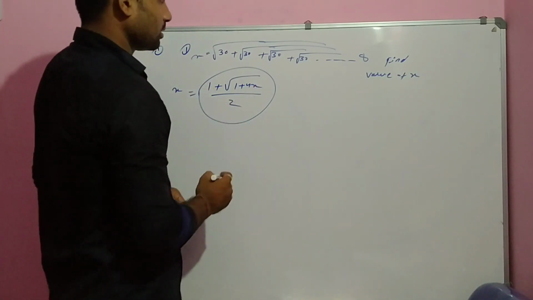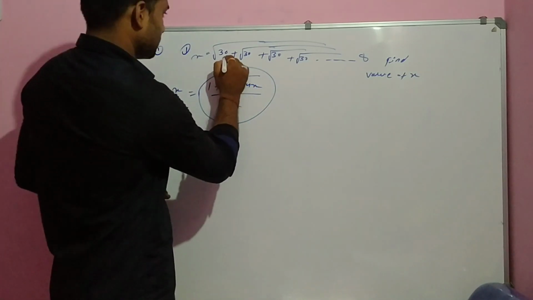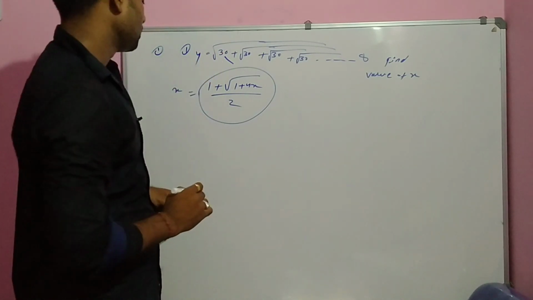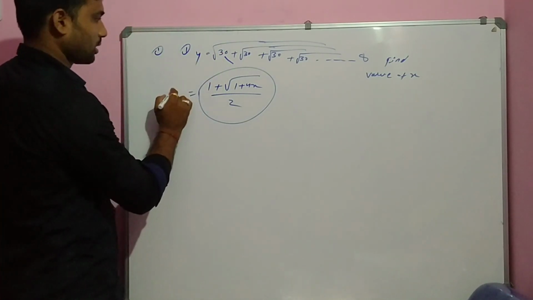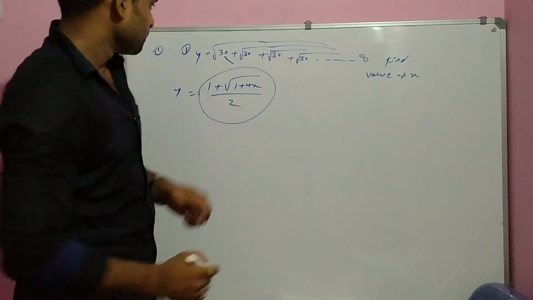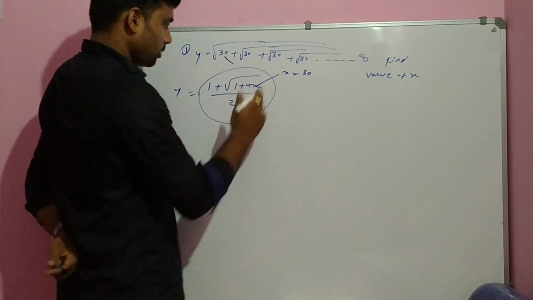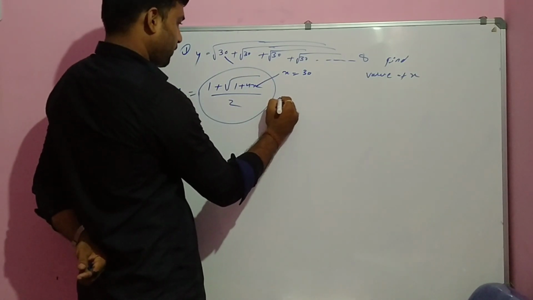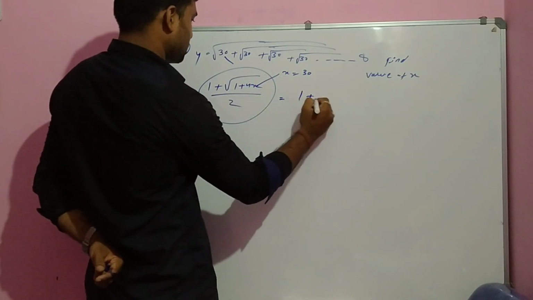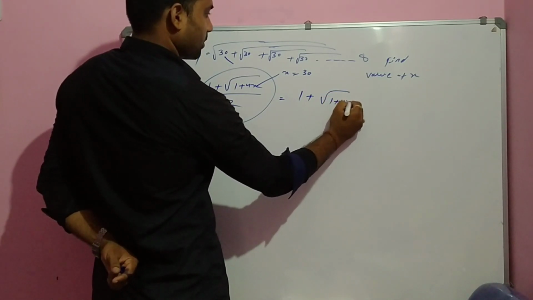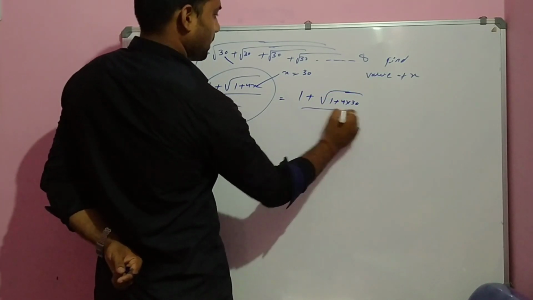Here, suppose this one is y, and the number under the root is 30. So put 30 in this formula: 1 plus the root of 1 plus 4 into 30, by 2.